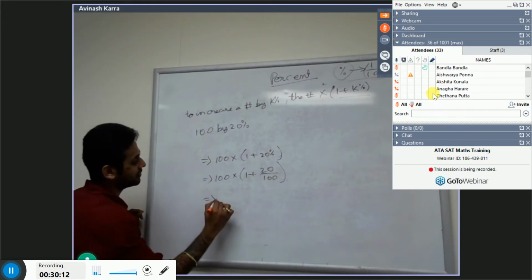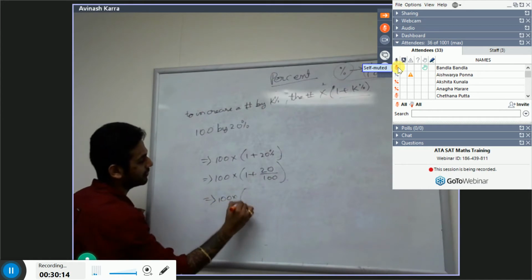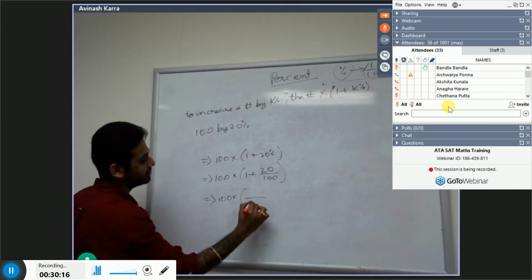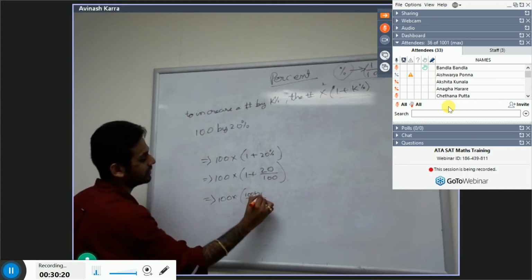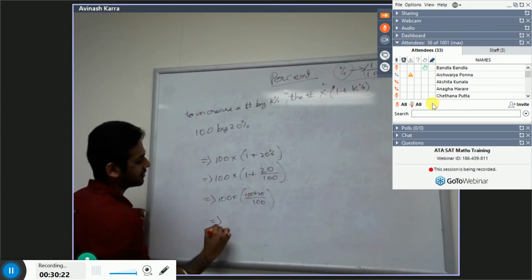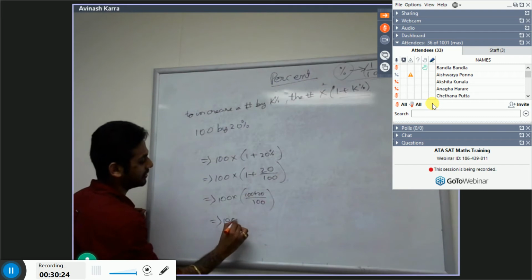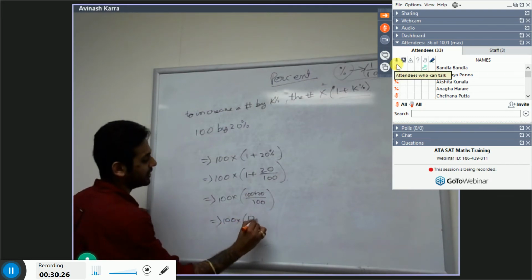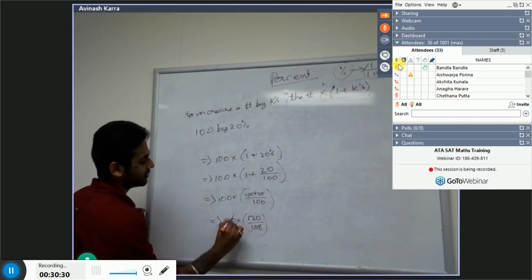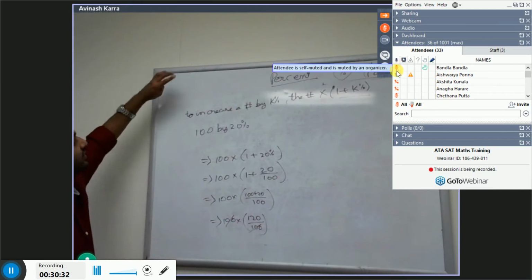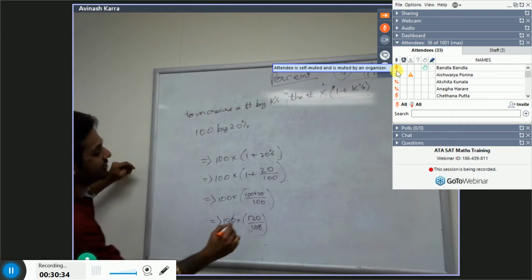So it becomes 100 into, if I take the LCM, 100, so 100 plus 20, so 100 into 120 by 100. So if I increase 100 by 20%, what is the answer?